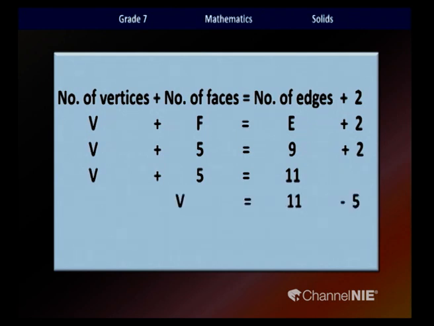So, v plus 5 minus 5 becomes v, that is number of vertices, equals 11 minus 5. Therefore, we can simply get the value of the number of vertices by subtracting 5 from 11. So, 11 minus 5 is 6. Therefore, the number of vertices in this solid can be taken as 6.